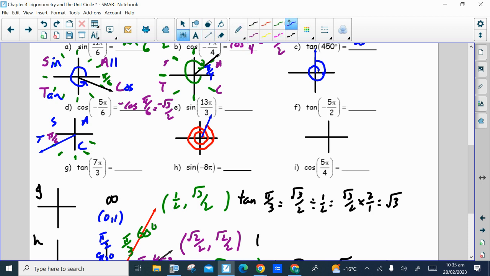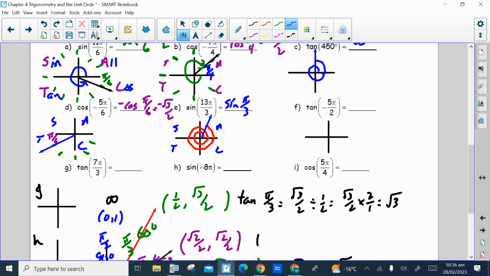Our CAST rule tells us that we are in quadrant number 1. That is the A quadrant where all ratios are positive. So this will equal the positive sine of pi on 3. Our reference angle will have the same denominator as the rotation angle.